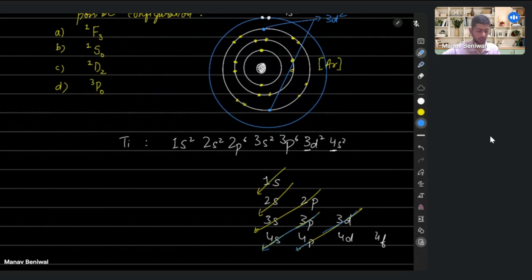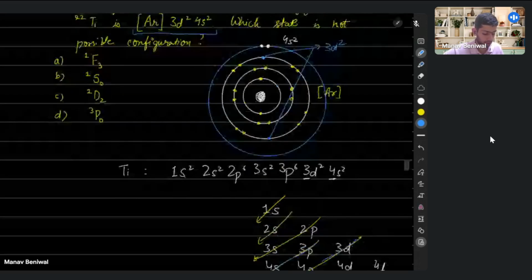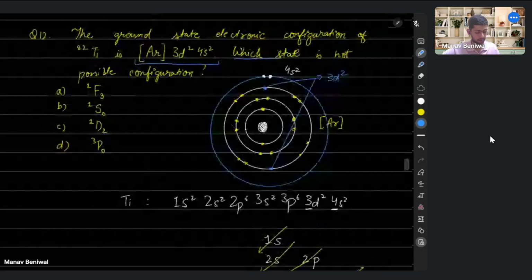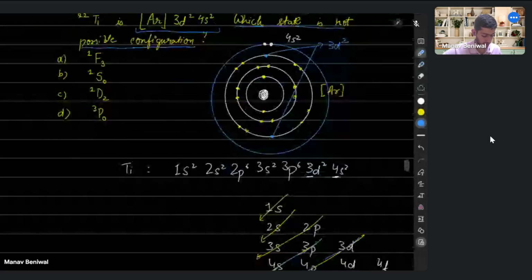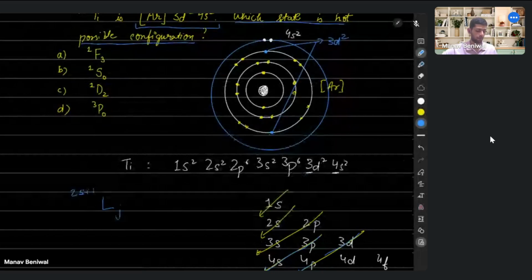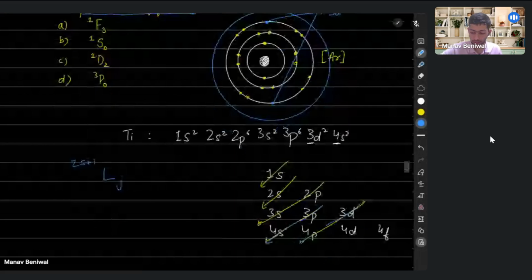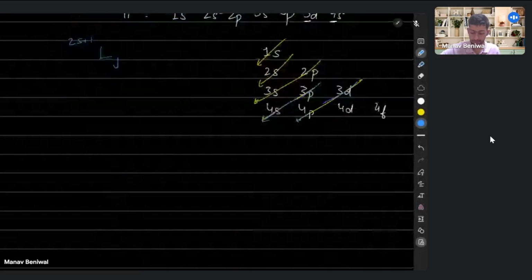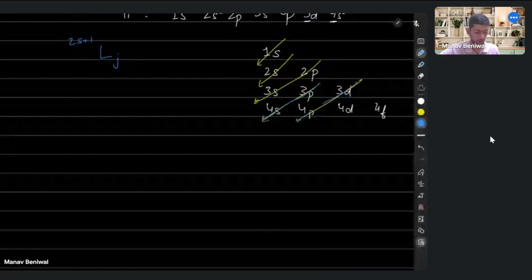Now, what does the question ask? The question asks which state is not a possible configuration. What is this notation? This is our general notation, which is L, and then you have the multiplicity 2S plus 1, and here we have J. So first, what we need to do is find out the possible values of L, S, and J. The outermost electrons are the ones located in this 3d.